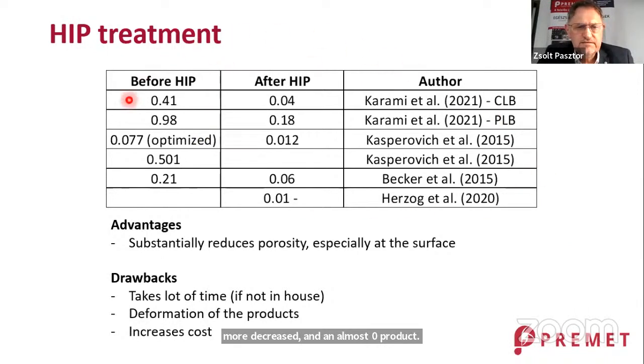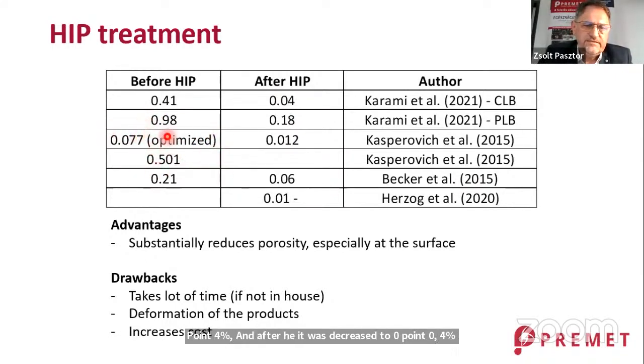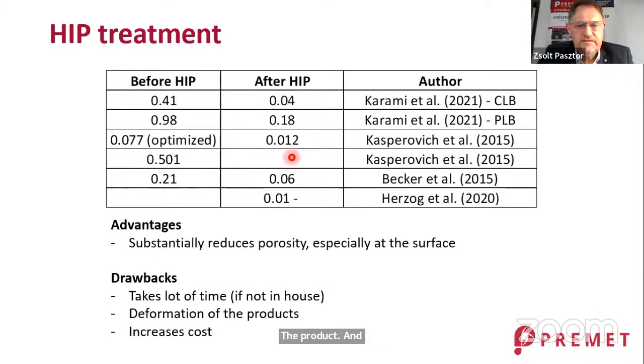Literature results are presented in this table. So, for example, here we can see that before the HIP treatment, the porosity was 0.4%, and after HIP, it was decreased to 0.04%. Or, well, this HIP process started from an already optimized product, and in this case, before HIP, the porosity was roughly 0.08%, and it was decreased to 0.012%.